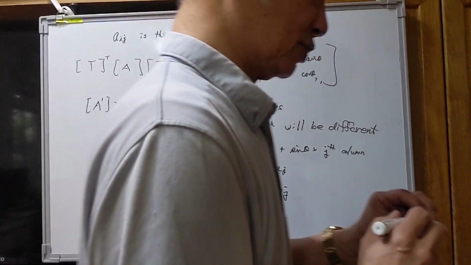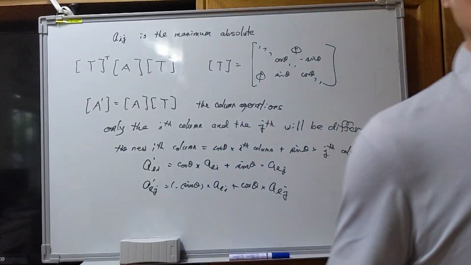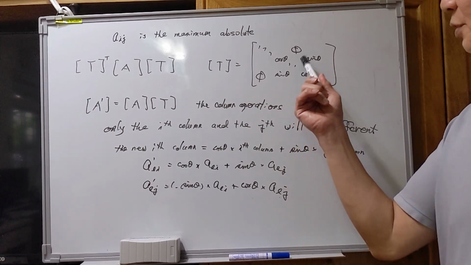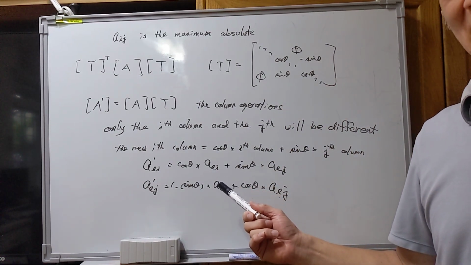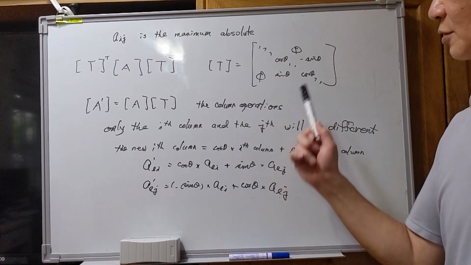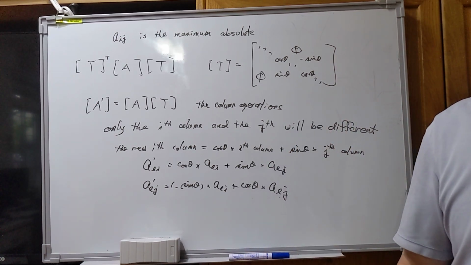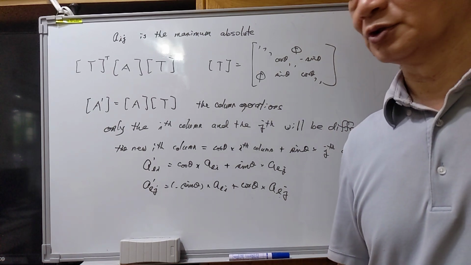So the new jth column will be equal to negative sine theta times the original ith column plus cosine theta times the original jth column.